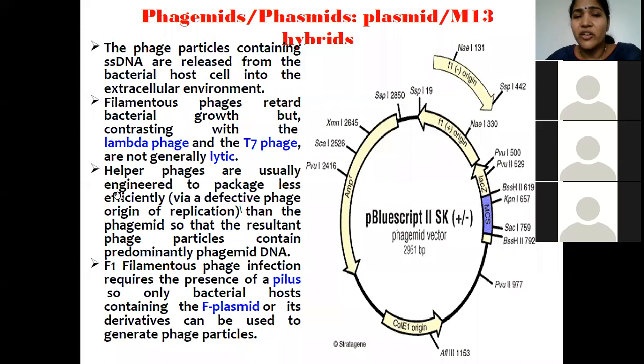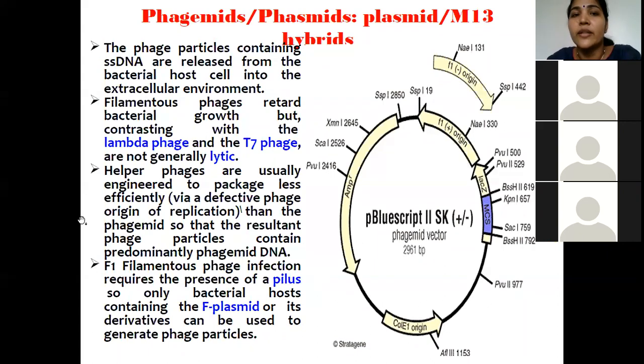Further, they have given more explanation about these phagocytes and how they will be acting, and how they will be multiplying inside the bacteria once we have inserted them back.